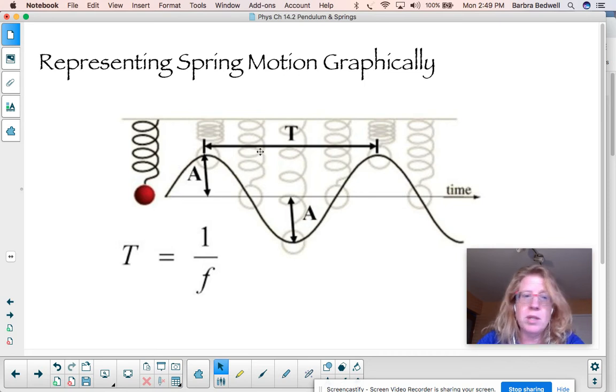Spherical chicken assumptions in here are that we have the same amplitude up as down, that there's no loss in energy as this thing is bouncing, and that the amplitude stays constant over time. Again, in the real world, that amplitude gets smaller on every single bounce as you progress through time. But you can see that same kind of sine wave motion on these spring ones.